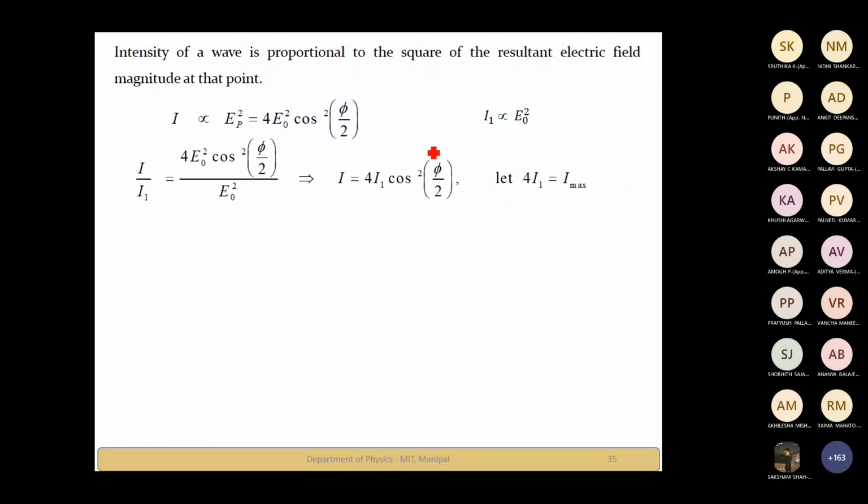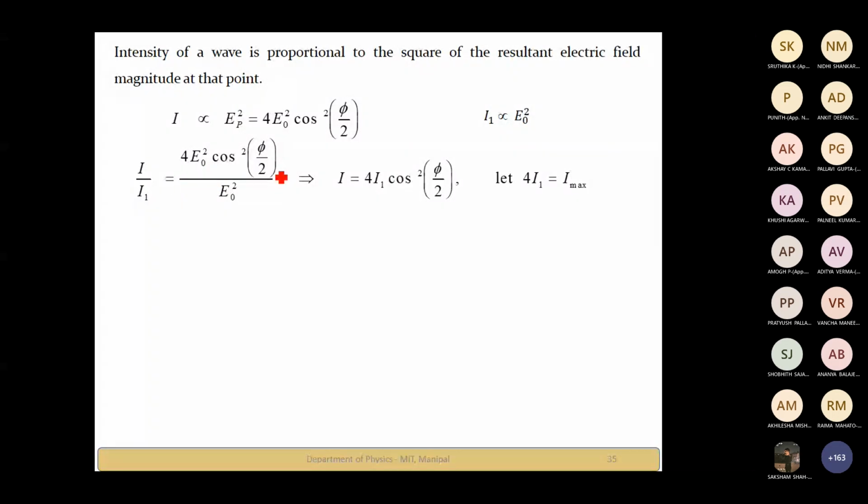So we'll take the ratio of I by I1. In that case, we can write 4 E naught square cos square(phi/2) by E naught square. So 4 E naught square cancels, and we have I by I1 is equal to 4 cos square(phi/2), or I is equal to 4 I1 cos square(phi/2).